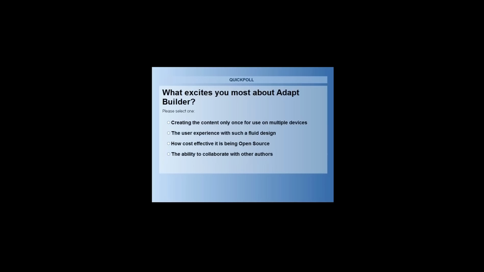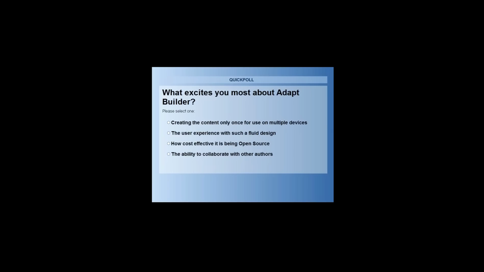How cost-effective Adapt is due to its open source nature, or the ability to collaborate with other authors who are creating e-learning. So we'll just give it another 5 or 10 seconds. You may find in this poll that there are a number of elements that you can relate to, but we're looking to see what the priority is for you today.